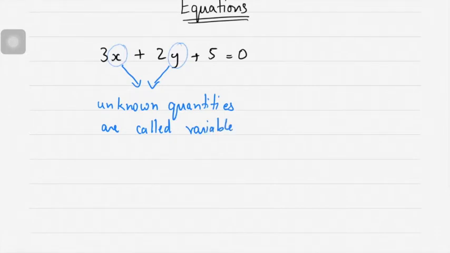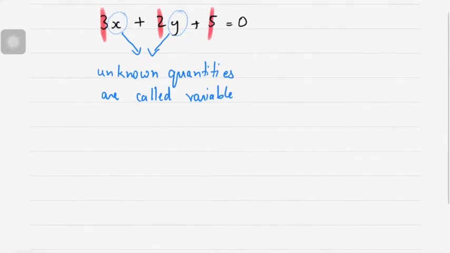Okay, and the numbers, which are 3, 2, 5, are called constants.